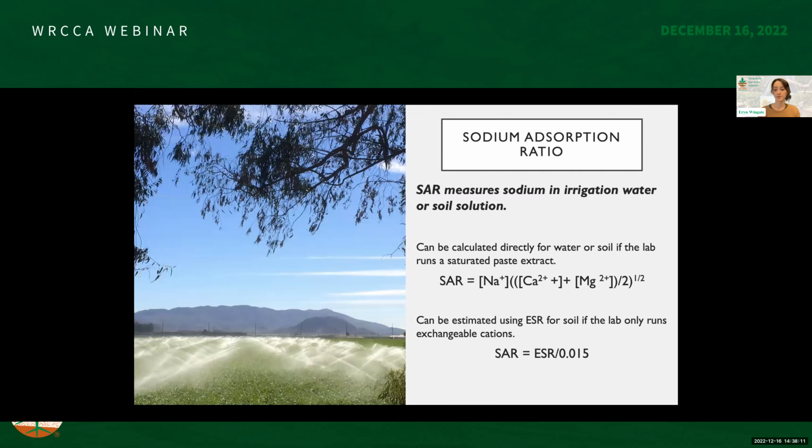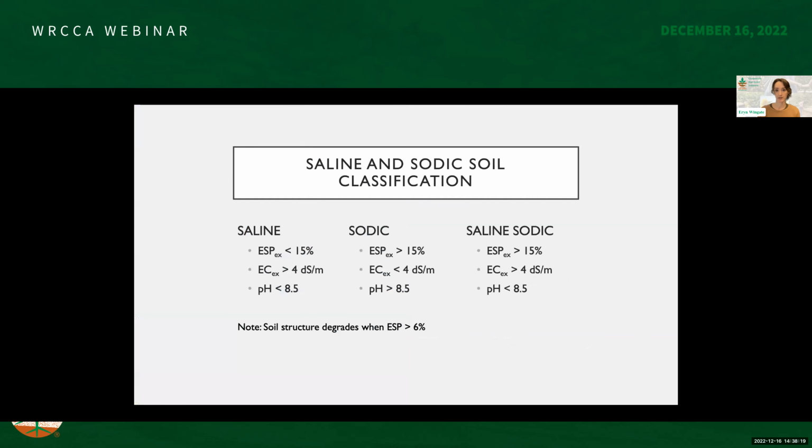So whichever way you get it, you want to know at least an estimate of the percent sodium on those exchange sites, because you want to look at your soil EC, pH, and ESP to determine whether you're dealing with a saline, sodic, or saline sodic in worst case soil.